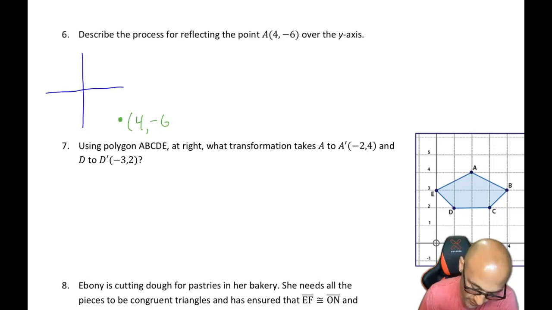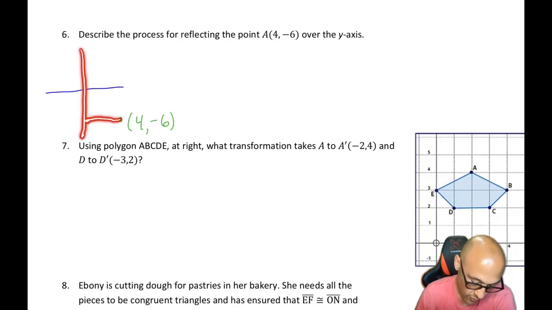So what we need to do is count. We want to draw a line that will intersect with the line of reflection at a 90-degree angle.